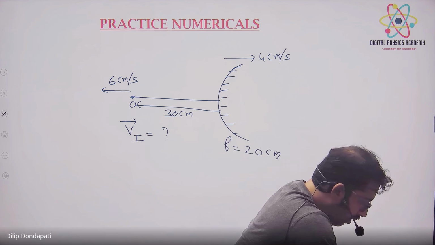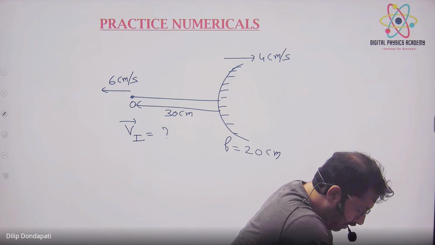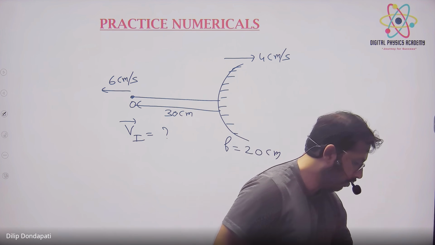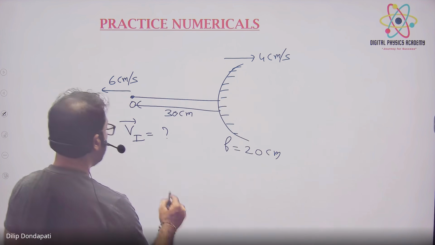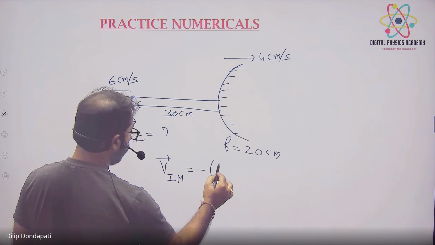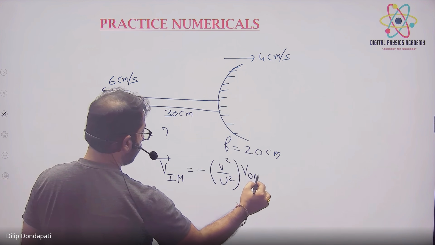Plus 2.4 centimeter per second. Plus 2.4 ना. So first v कितना है? If you use uf by u minus f, v कितना है? Plus 12. Plus 12. Yes, good. And now use करो. Velocity of image with respect to mirror is equal to minus v square by u square times velocity of object with respect to mirror.